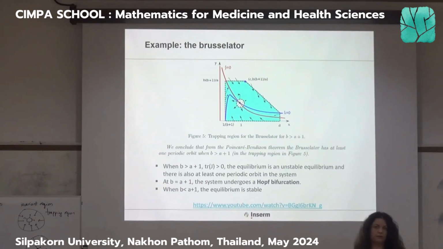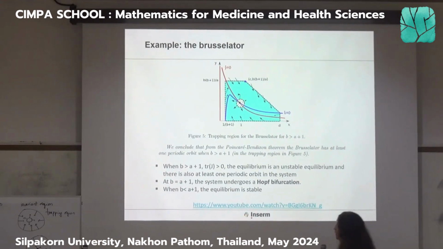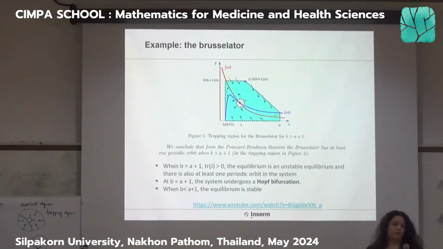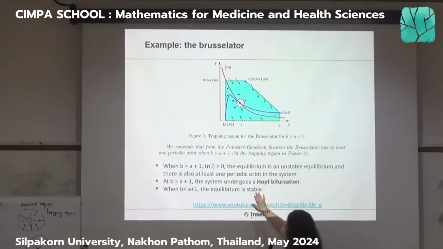Then, when you change the value of B or of A, you will arrive at B equal to A plus 1. At this point, the system will undergo a bifurcation, called a Hopf bifurcation, because the steady state will become stable and the limit cycle will disappear. Then the system will only admit one stable steady state. And this is what happens when B is below A plus 1.